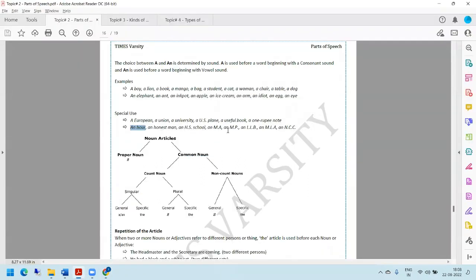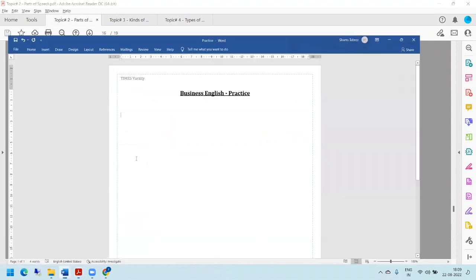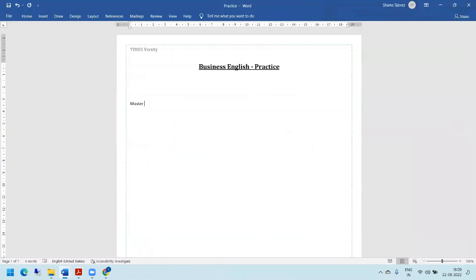All right, like MBA, which is Master of Business Administration. When we say master, it is a consonant sound. But instead of Master of Business Administration, if we use the short form, it is MBA.